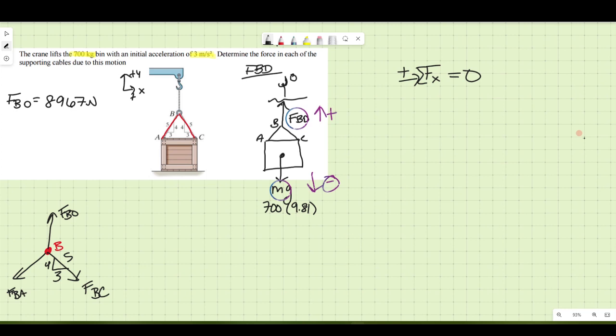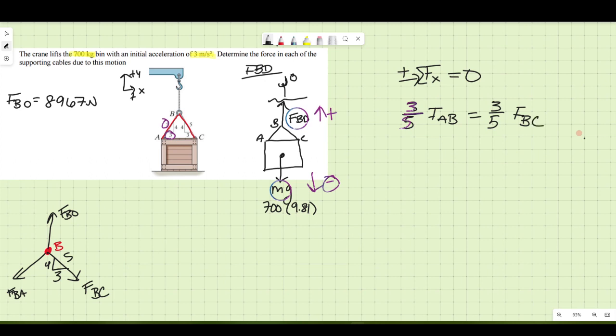From there, we'll say 3/5 F_AB, and we say 3/5 because 3 is in the x, and that will be over 5 because it's the hypotenuse. So 3/5 times force AB is going to be equal to 3/5, for the same reason, force BC.